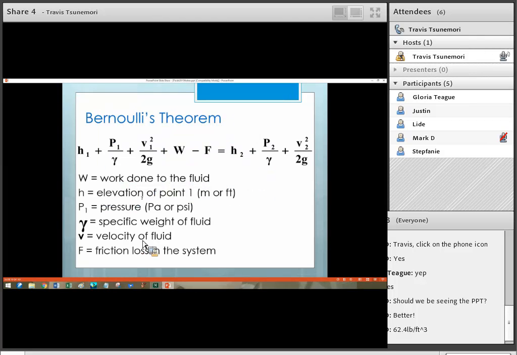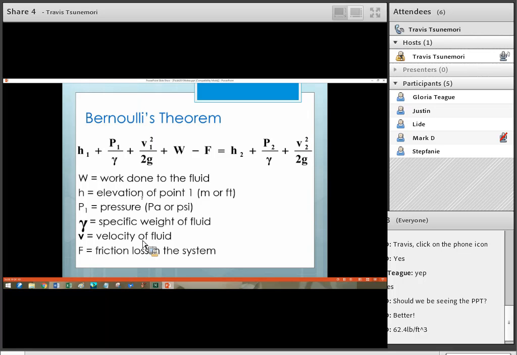So Bernoulli's theorem, if you remember, is essentially the potential energy plus the kinetic energy at those 2 points, point 1 and point 2, plus any transfers into, which would be W, that's the work done to the fluid, or energy transfers out of, which is the friction loss in the system, or F. So we've got H1, which is the elevation at point 1, and P1, which is the pressure, divided by the specific weight of the fluid, plus V1 squared over 2g, where V is the velocity of the fluid.